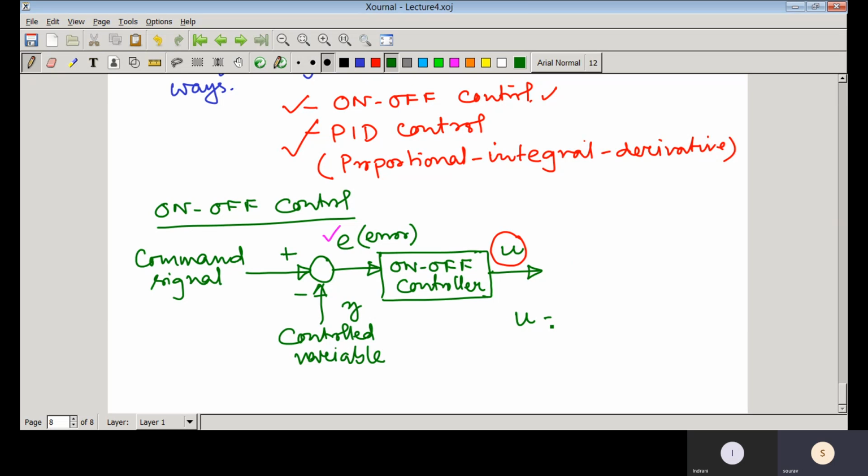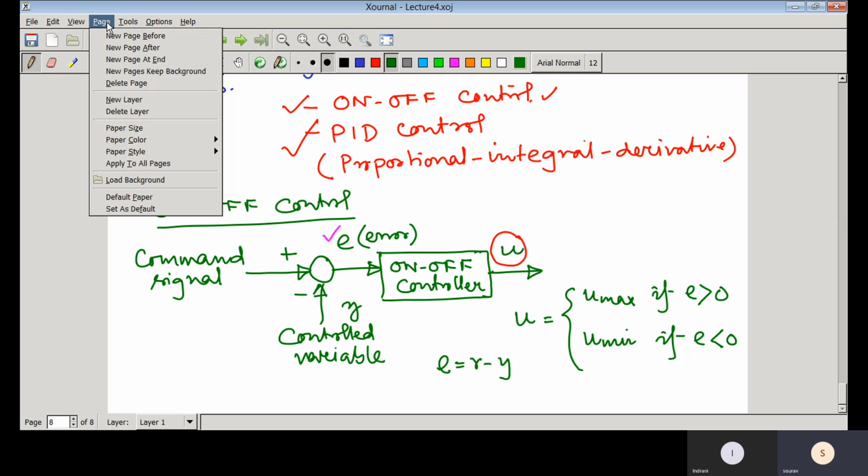This is the simplest form of control law: U equals U max whenever the error is positive, that means error is greater than 0, and U equals U min if the error is less than 0. Here the error signal E equals R minus Y, as we have already discussed.